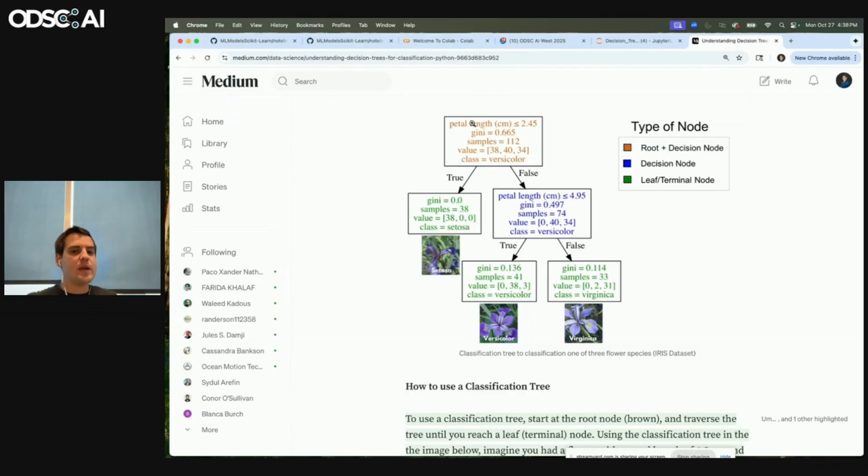What we have over here is a decision tree for classification. It basically says, if petal length is less than or equal to 2.45, and that's true, then it's a type of flower species called Setosa. If not, you ask another question, and eventually you get to leaf nodes or terminal nodes. That's basically what the prediction is going to end up being.